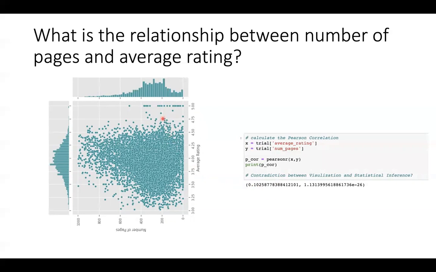And this contradicts our visualization here. We can see that books with a number of pages between 200 and 400 tend to have a higher average rating. So what is the reason?